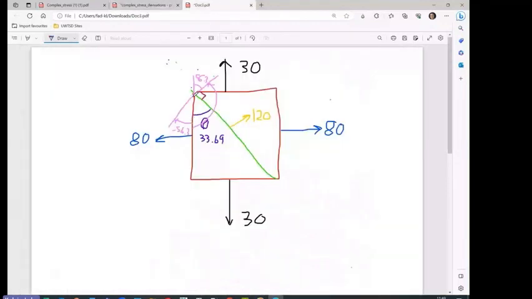So that plane has a compressive stress, that's why it's negative, of 10 megapascals. So the maximum principal plane is at this angle and has a tensile load on it. The minimum principal plane is at that angle and has 10 megapascals compressive stress on it.